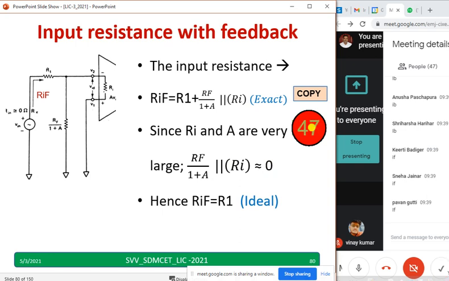Since RI and A are very large, RF by 1 plus A becomes almost 0. 0 parallel with something will become 0. Hence, RIF will become equal to R1. Take 30 seconds and copy this down.